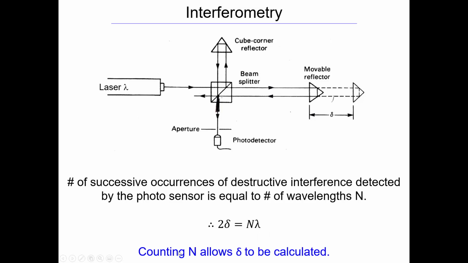So counting n allows the delta to be calculated. And by resolving between just whole pulses, we might get an n that's n.5 if it was 180 degrees. Some number of pulses plus 180 degrees, plus another half of a wavelength change.